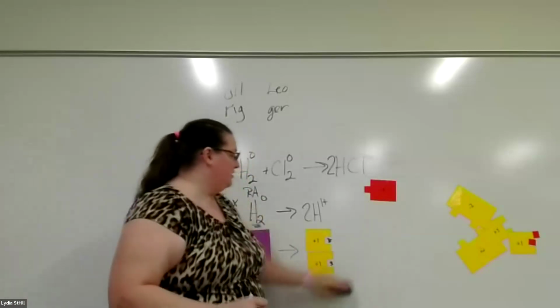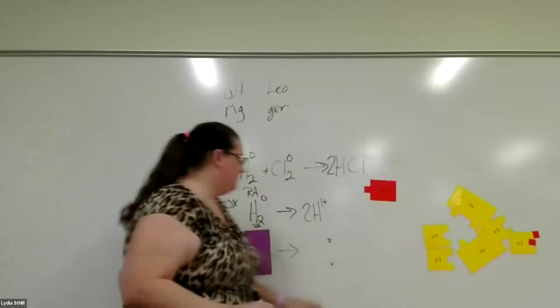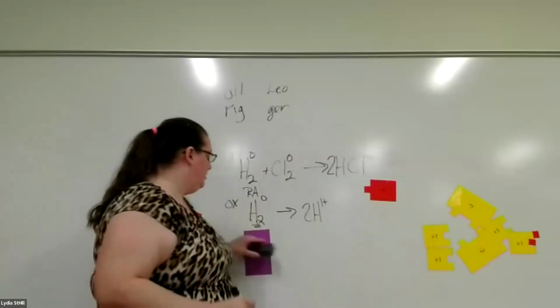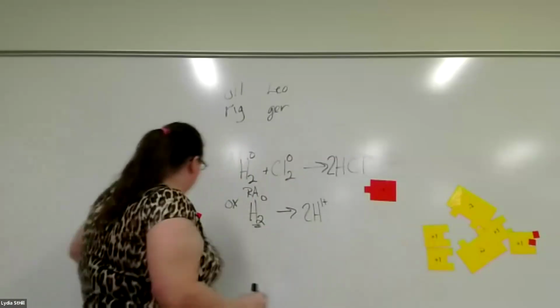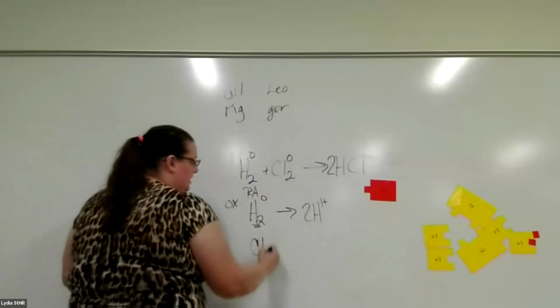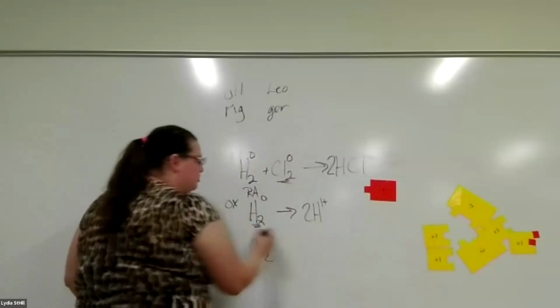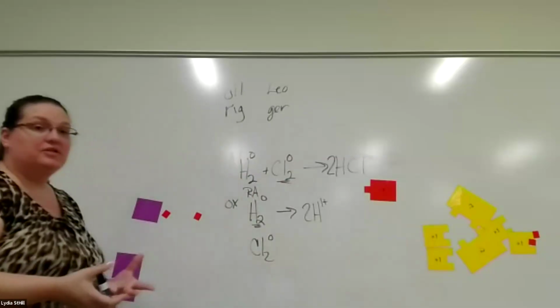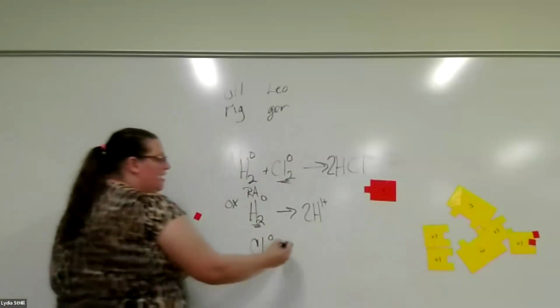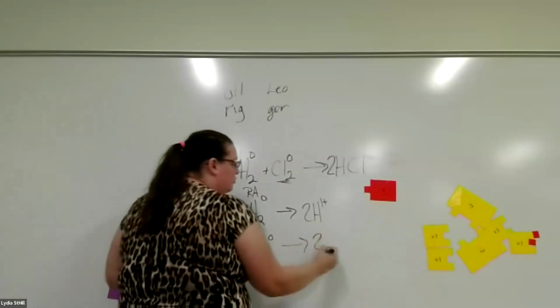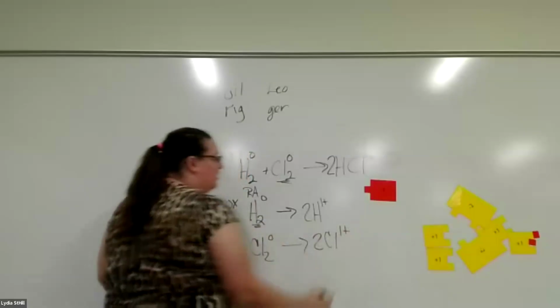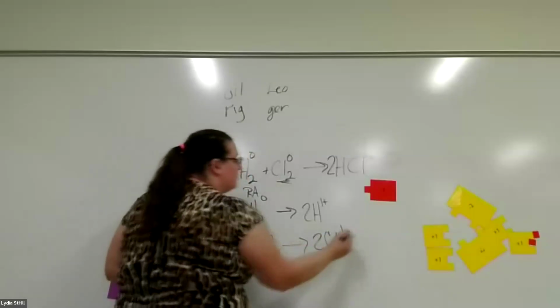Now, let's look at the next half reaction. So in this case, we're going to have Cl2, and that's a charge of 0. Again, elemental forms are a charge of 0. And we are going to take it to 2Cl with a 1 minus.